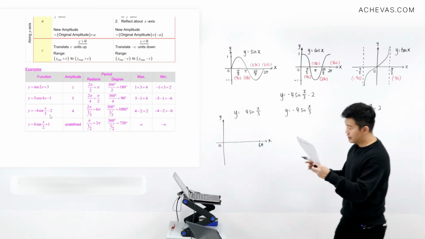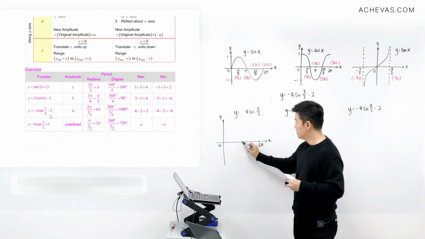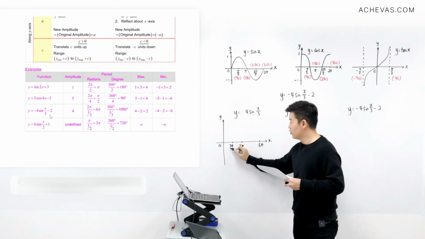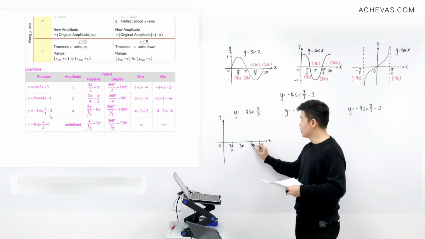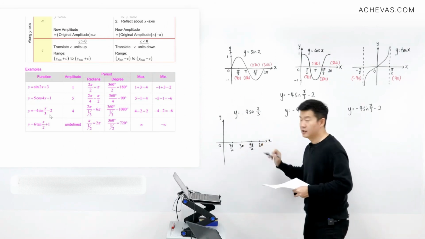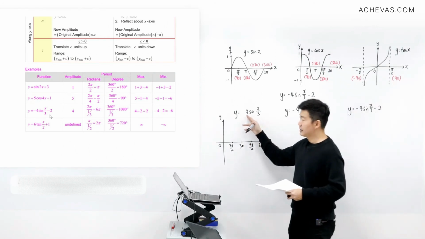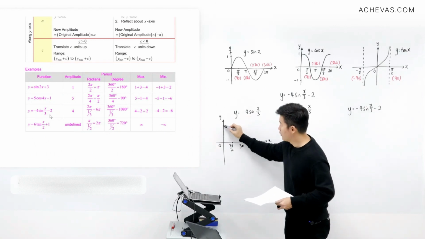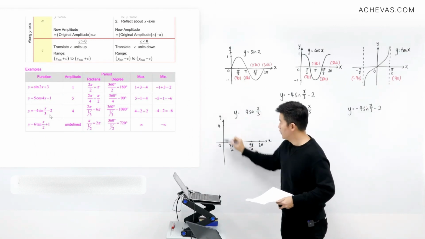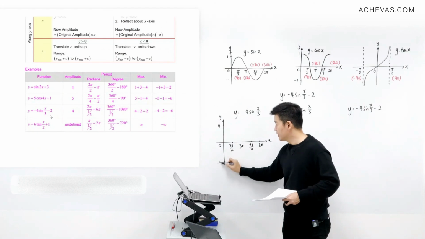So the middle here is going to be at 3 pi, which means that this is going to be at 3 pi over 2, and this here is going to be at 9 pi over 2. And the amplitude is 4. So from 1, it will now become 4 and minus 4.